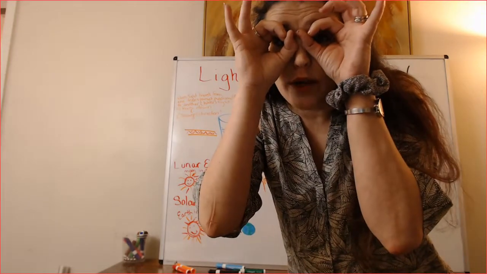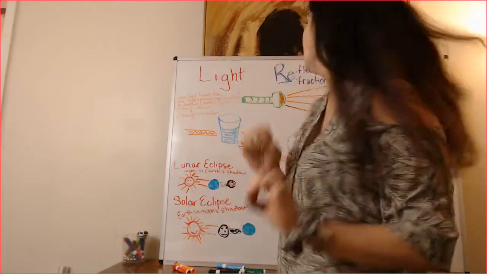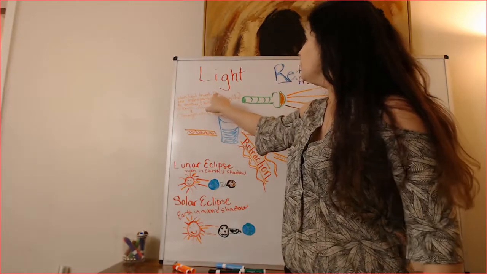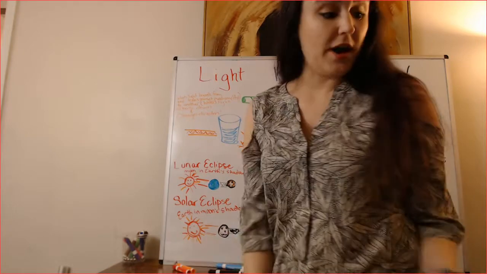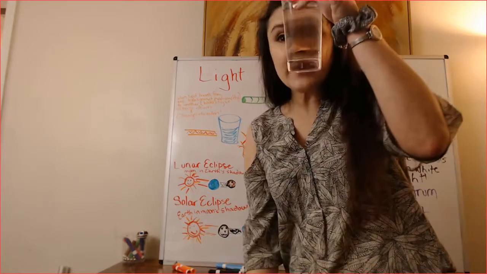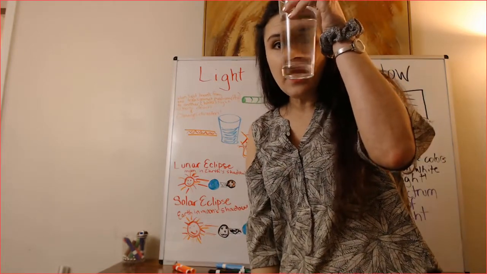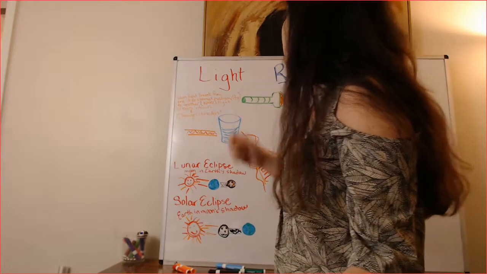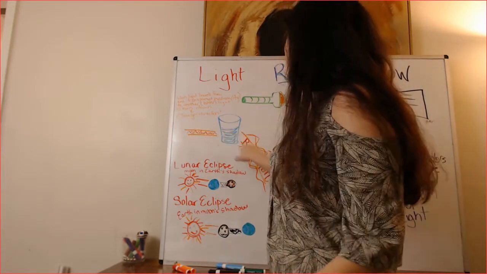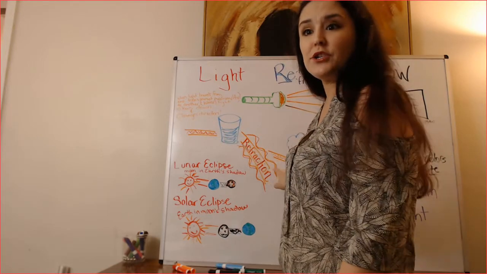That's how you know it's transparent. When it travels through one transparent medium and into another, water is transparent. Can you see through it? I can see through it. It's transparent. It slows down and it changes direction.